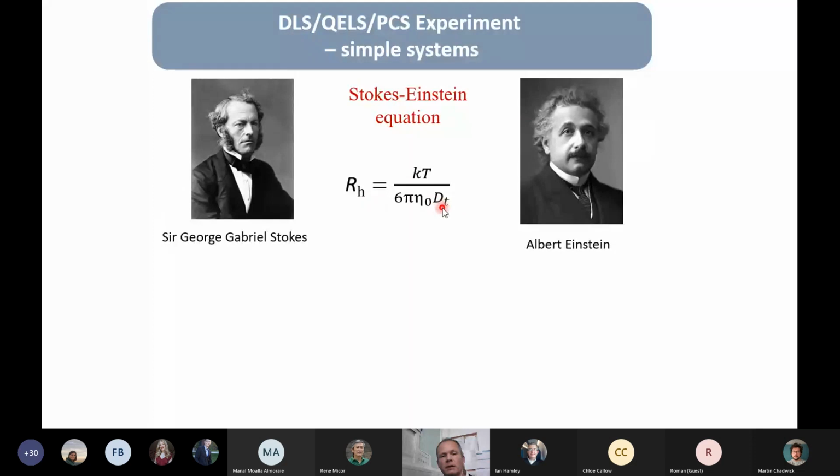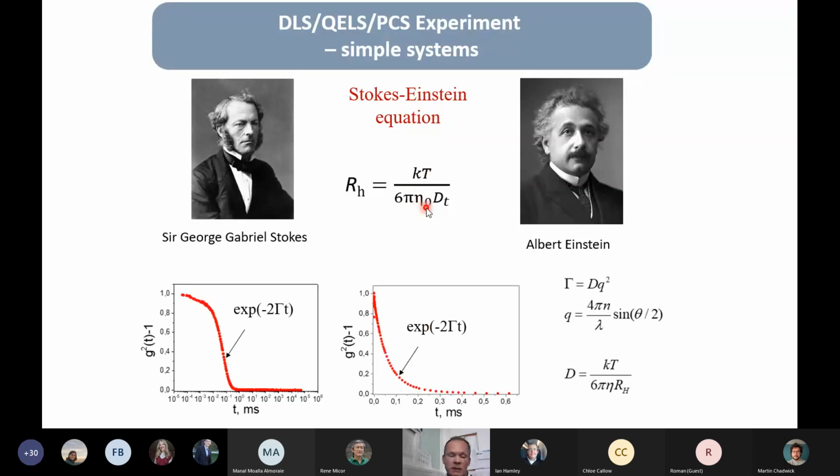And conversely, the bigger the nanoparticles, the bigger the emulsions, the bigger the proteins, the lower the value of the diffusion coefficient. And to make these calculations, you have to know the temperature, because temperature definitely influences the diffusion, and the viscosity of the solvent.